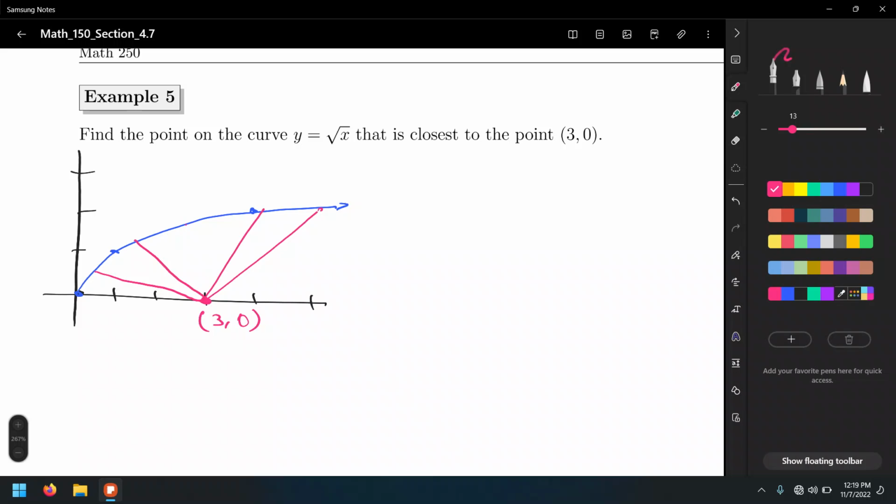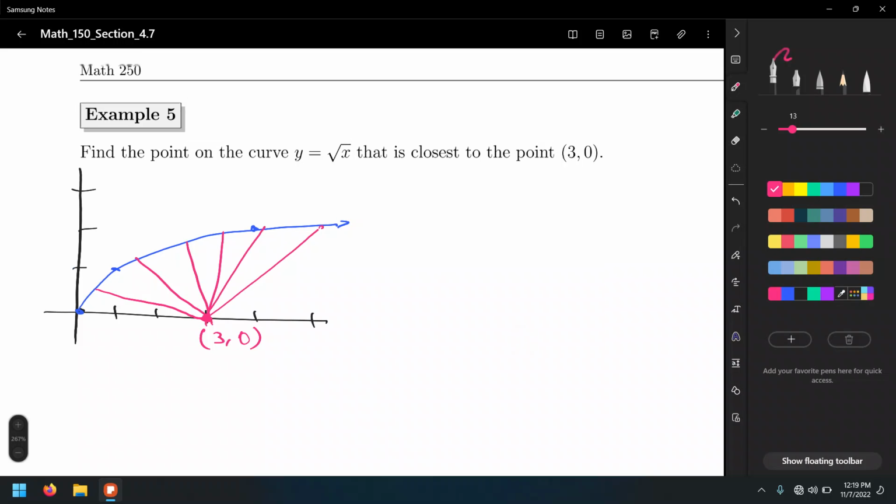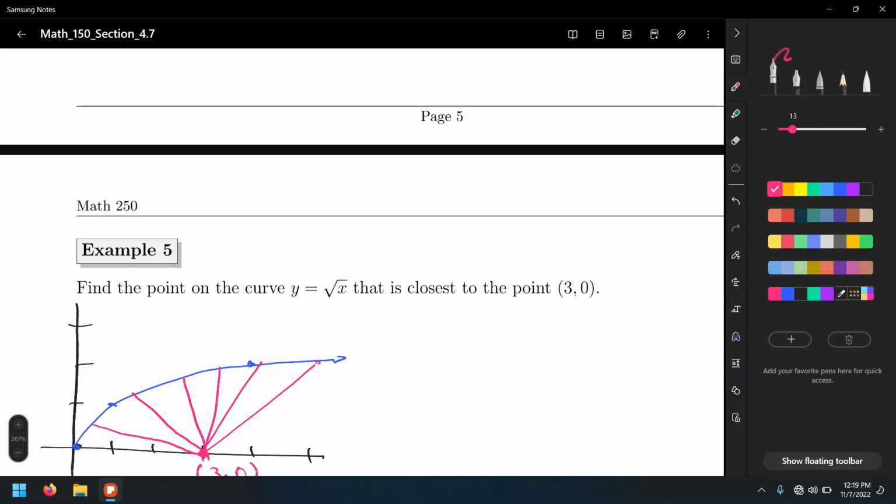Do you see how many ways there are to get from the point 3, 0 to any point on the graph? However, we are looking for the point that is closest. Look at this distance here, from the point 3, 0 to this point, it's a pretty long distance. This is a shorter distance. This is somewhat shorter.